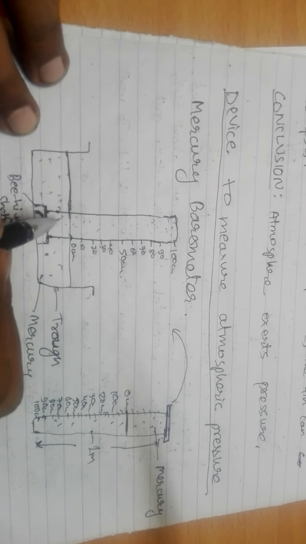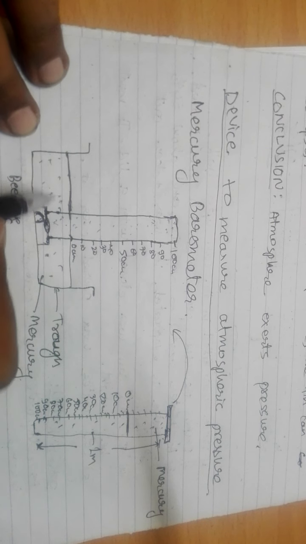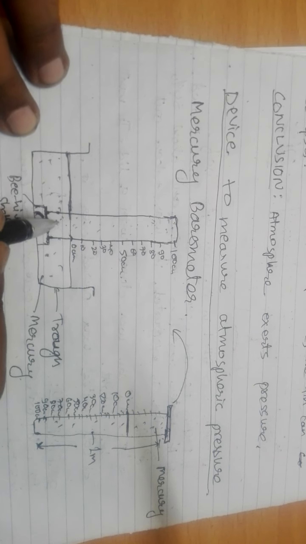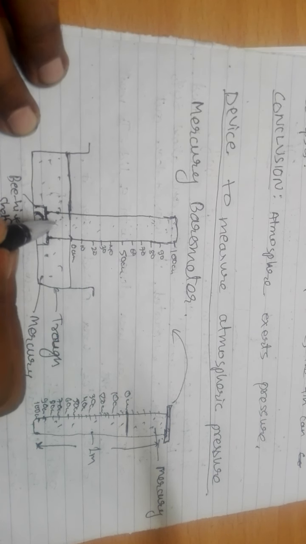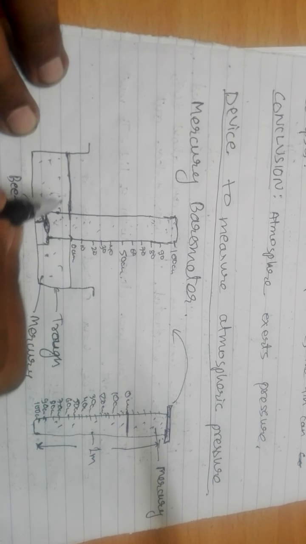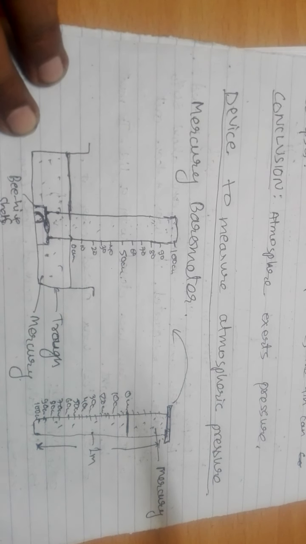Mercury or any liquid always flows from high pressure to low pressure. If pressure is high outside, then the mercury will flow inside. If pressure is high inside, then the mercury will flow outside, and the flow will stop exactly when the pressure becomes equal inside and outside.